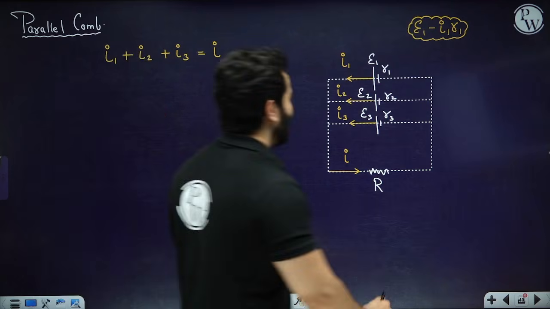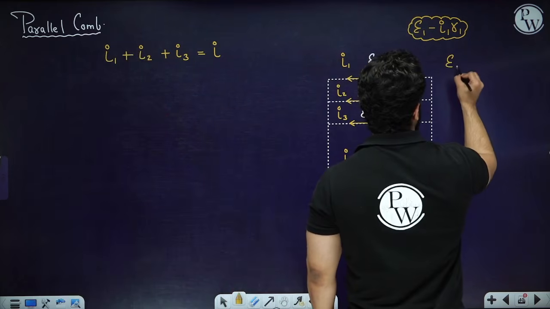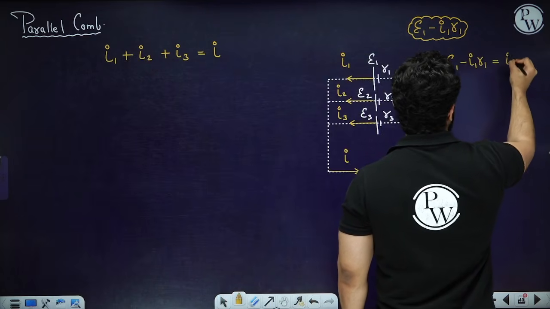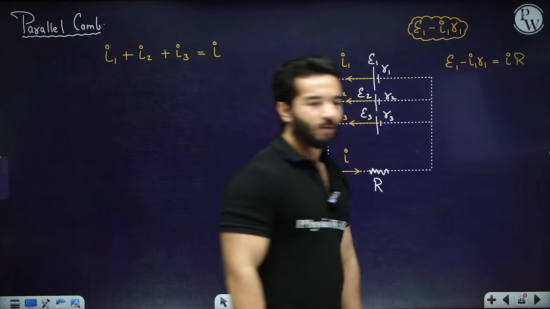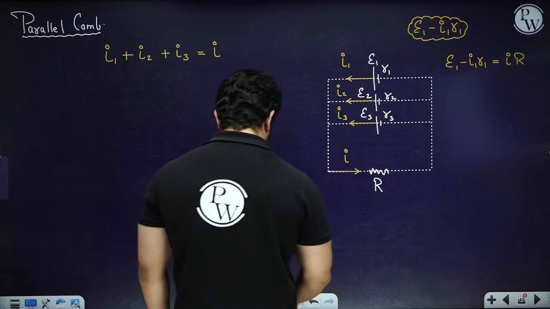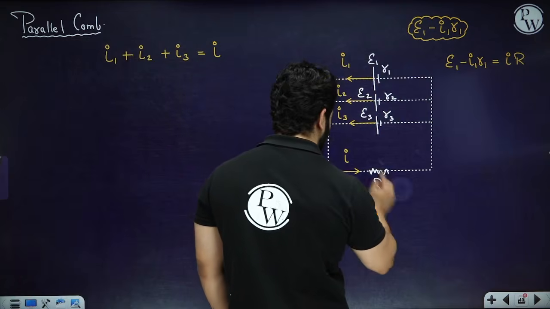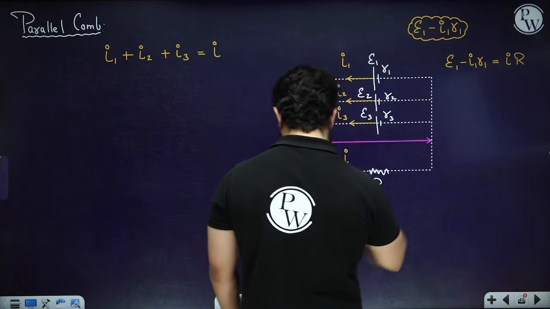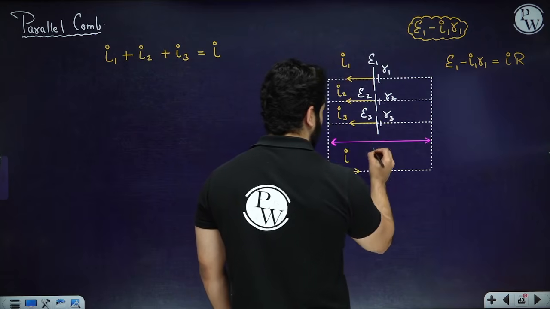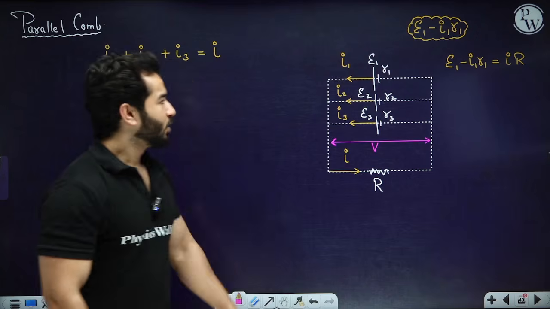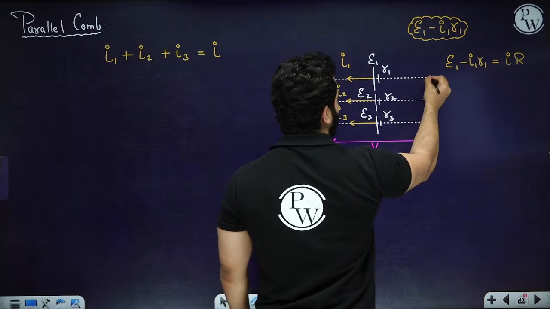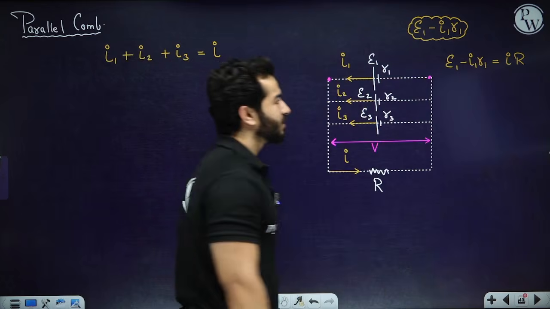So can I write E1 minus I1 R1 is equal to I into R? Wouldn't it be correct? Because by terminal potential difference, I mean this potential. It will be the same across all branches because they are all in parallel. So the terminal potential difference across this branch is equal to E1 minus IR1.